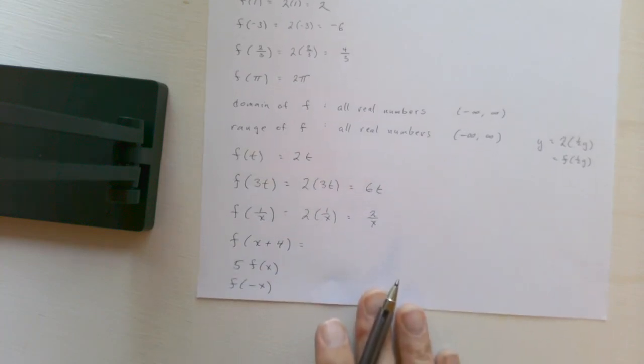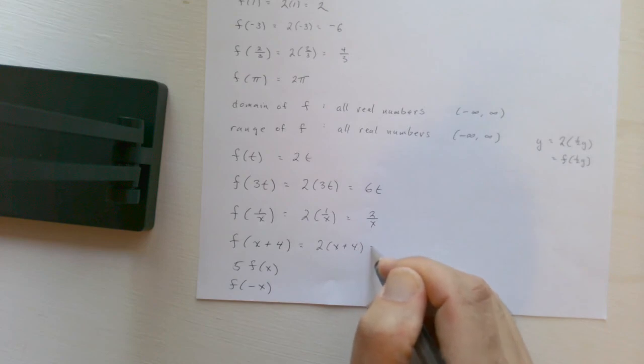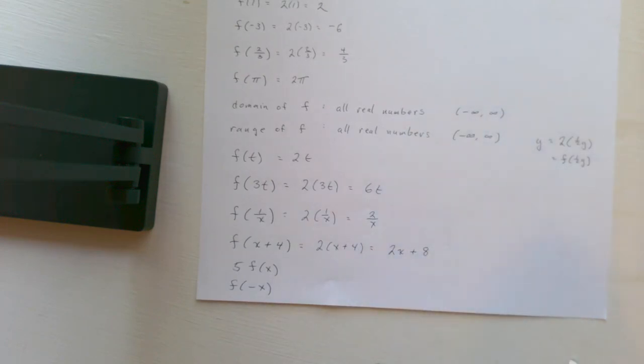F of x plus 4 would be 2 times x plus 4. And we can distribute the 2 in this case. We get 2x plus 8. Okay. 5 times f of x. Well, we're not really evaluating f of x. We know f of x is still 2x.